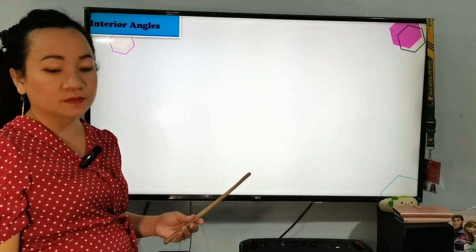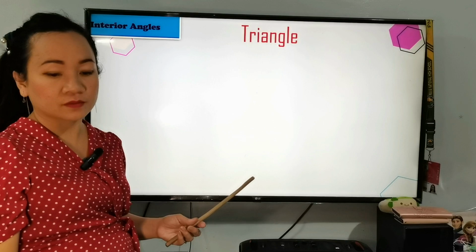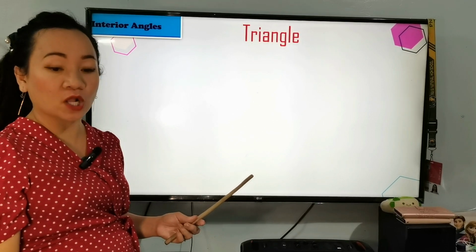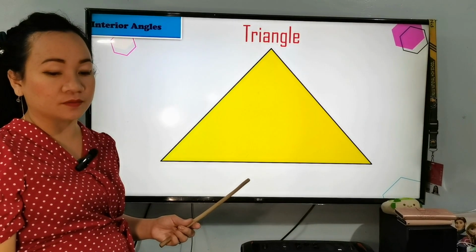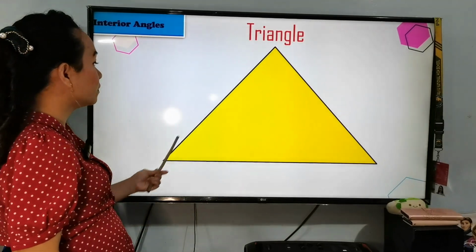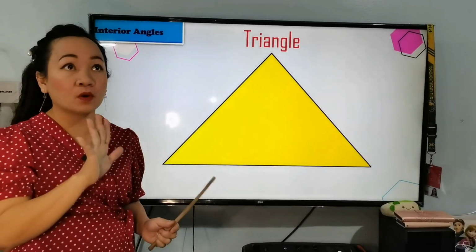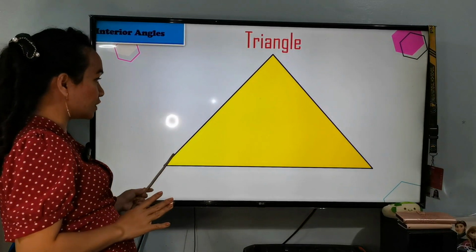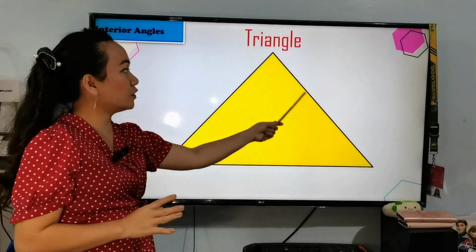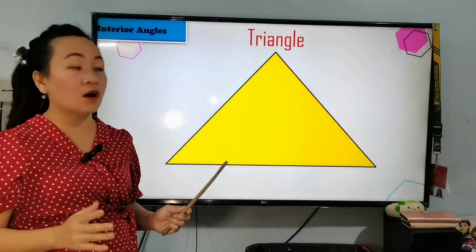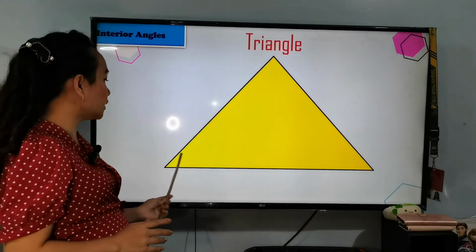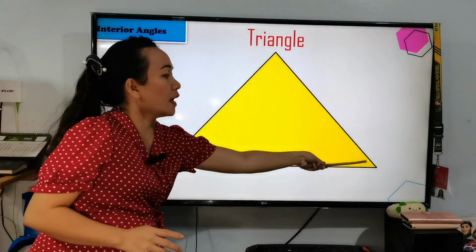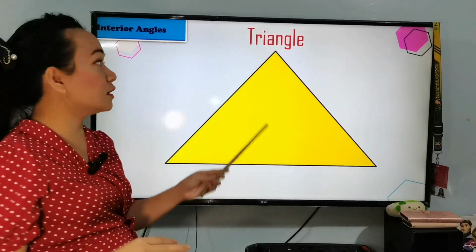So first, let's have this first polygon, the triangle. A triangle, as we all know, is composed of 3 sides, 1, 2, and 3. It is also composed of 3 vertices and 3 angles.